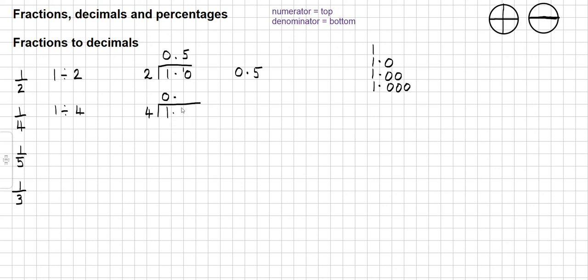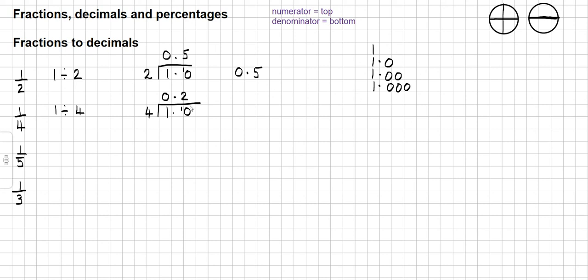And I'm going to put a decimal point, put another 0 here, so that I can carry that 1 over, which makes the next one 10. 4's into 10 goes twice. 4 times 2 is 8, so we're going to have a remainder of 2.